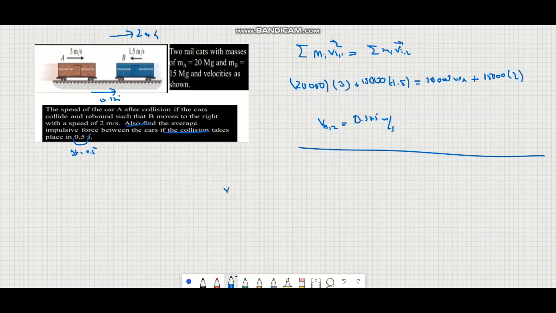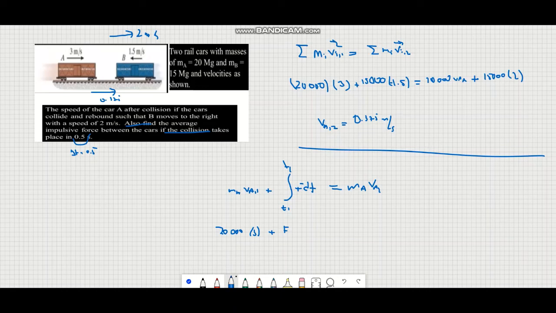We say m_A times the initial velocity of A, plus the integral from time 1 to time 2 of F dt, which is the impulse term, is equal to the final momentum of rail car A. We know that m_A is 20,000 kilograms. The initial velocity is 3. We don't know the force, but we know that it is constant.